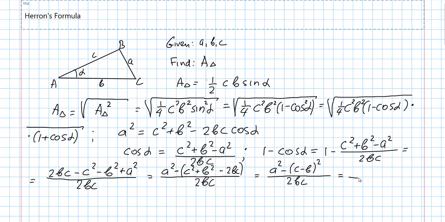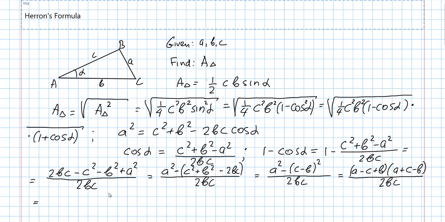Now in the numerator I write this as a difference of squares. This gives me (a minus c plus b) times (a plus c minus b), divided by 2bc.